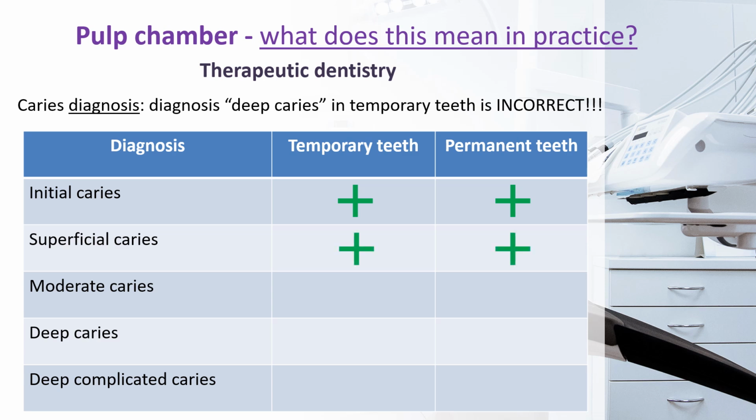Superficial caries, we can make this diagnosis in temporary and permanent teeth. Diagnosis of moderate caries will be correct for temporary teeth and for permanent teeth.